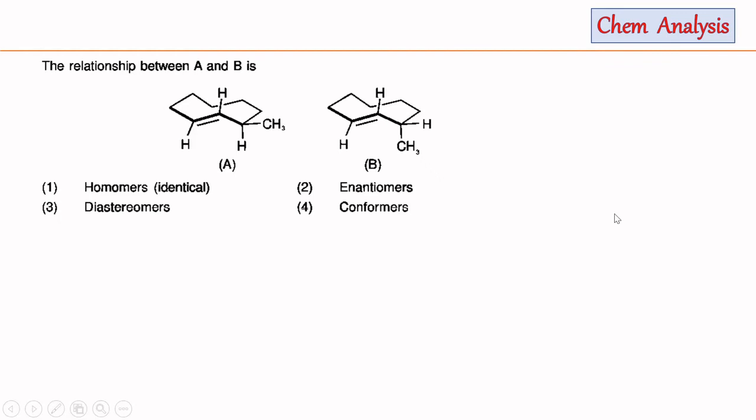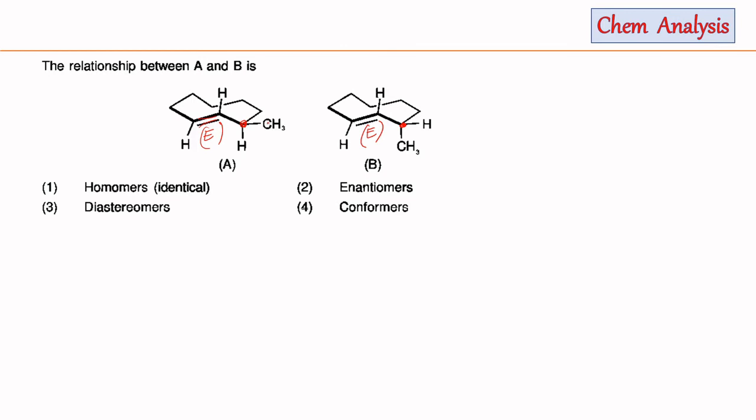Now here we have to tell about the relationship between A and B. Here we can see that this double bond is E, and similarly this double bond is also E. Now this is the chiral center, and here this is also a chiral center.